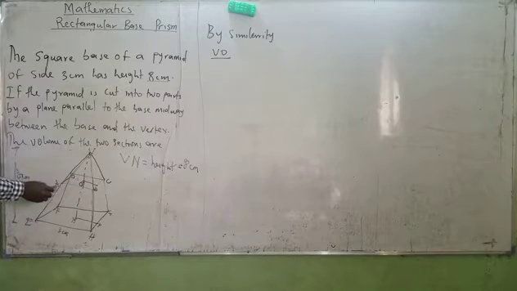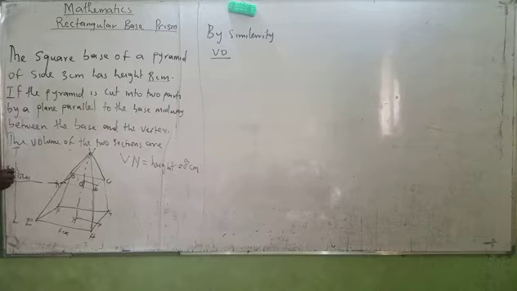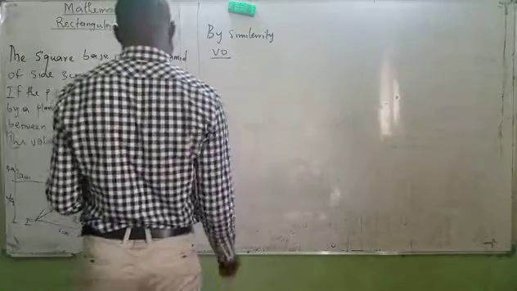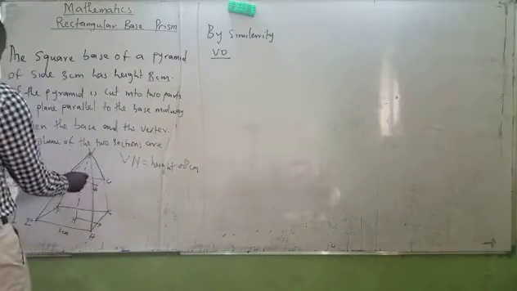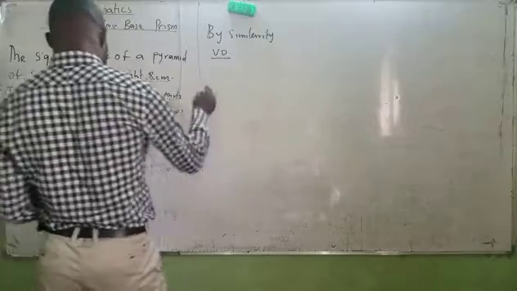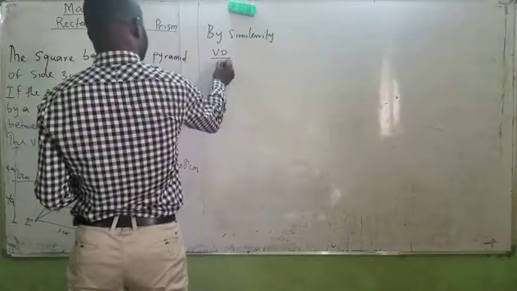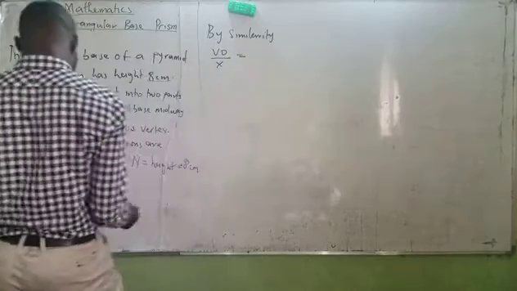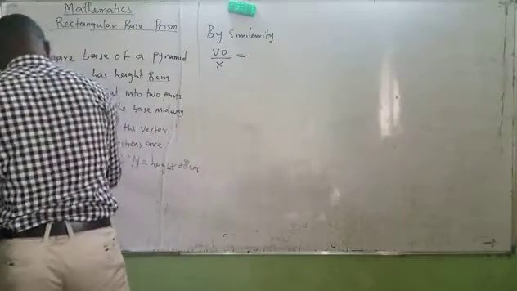Now, if this is half, it means half of 8 will be what? 4 centimeters. It means my VO will be 4 centimeters, and this divided by x will be equal to VN. My VN is 8.